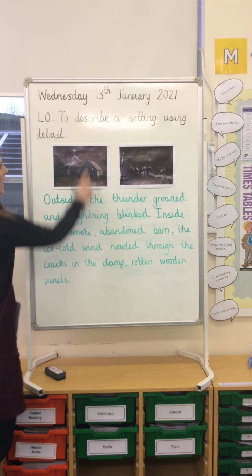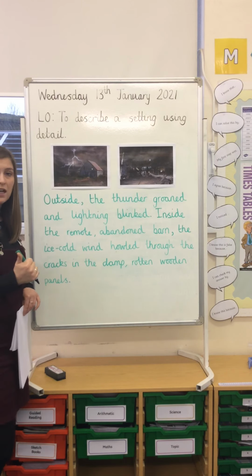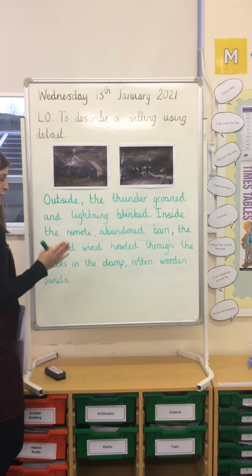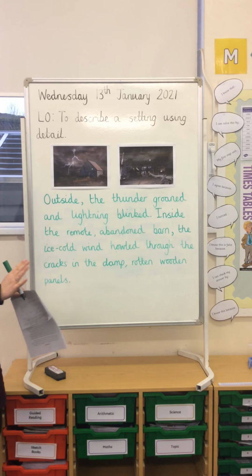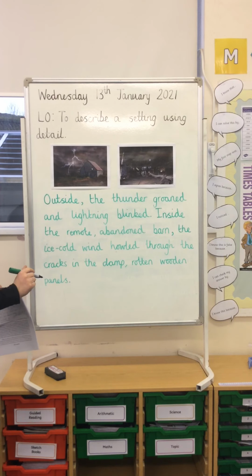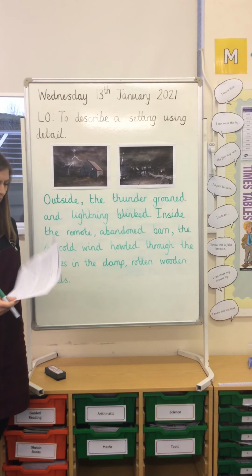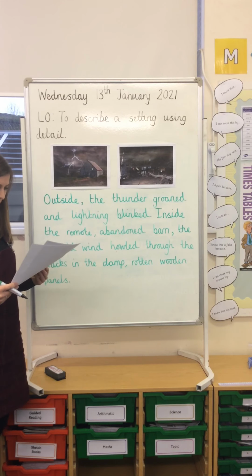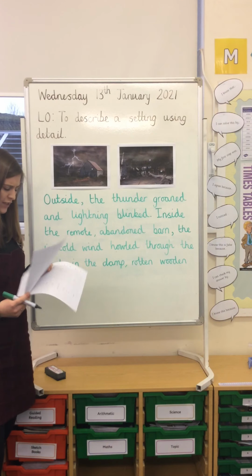So far I've got outside the thunder groaned and lightning blinked, inside the remote abandoned barn, the ice cold wind howled through the cracks in the damp, rotten wooden panels. So I'm building that and describing a setting in detail. I've got no character and no speech. I'm just describing a setting. I want to be using that vocabulary as well from Monday. So I'm going to have a look back at our list of words that we had to identify and find definitions for.